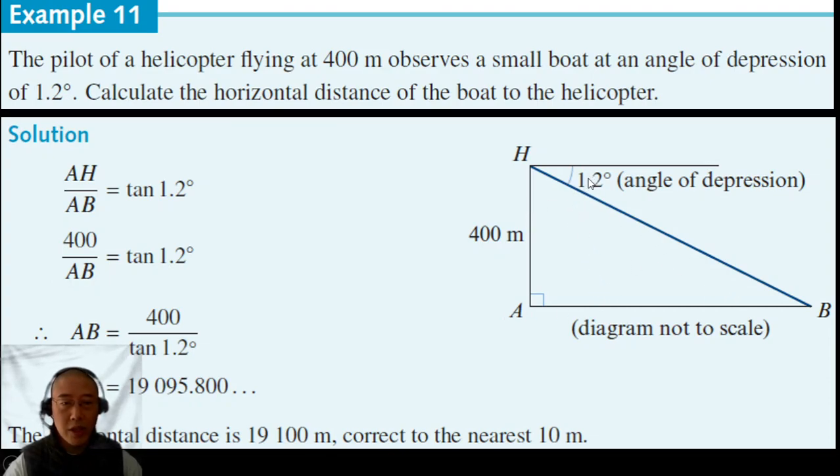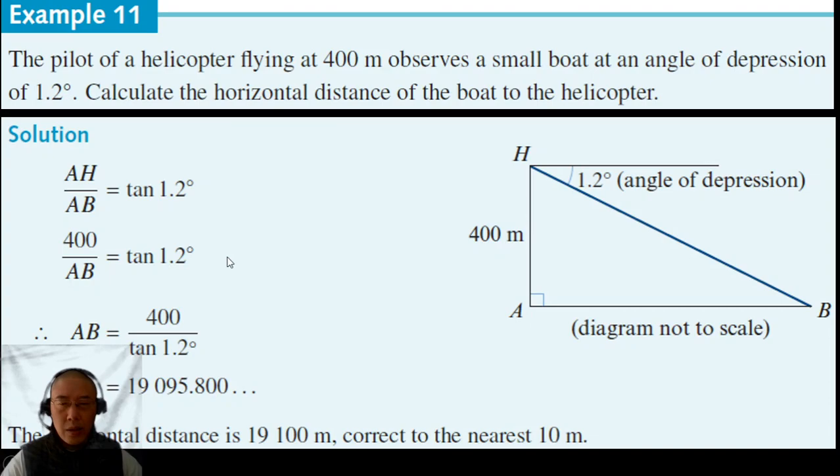So that angle here, which is the angle of depression, is the same as this one, as they are alternate. We use the trigonometric ratio, which is your tangent. We rearrange the formula to make AB the subject and determine the distance.